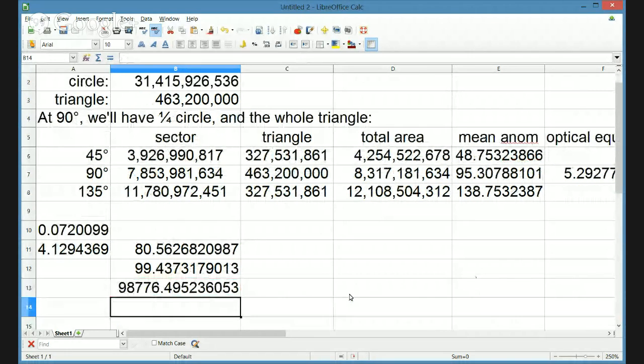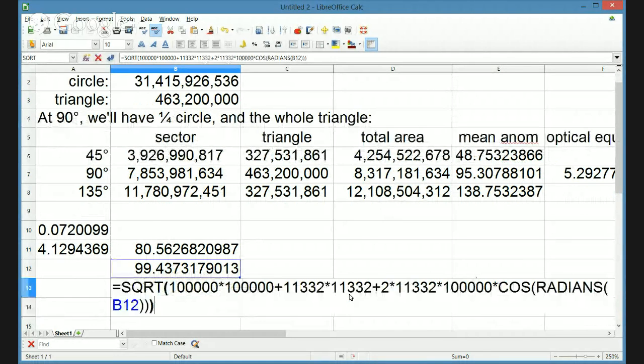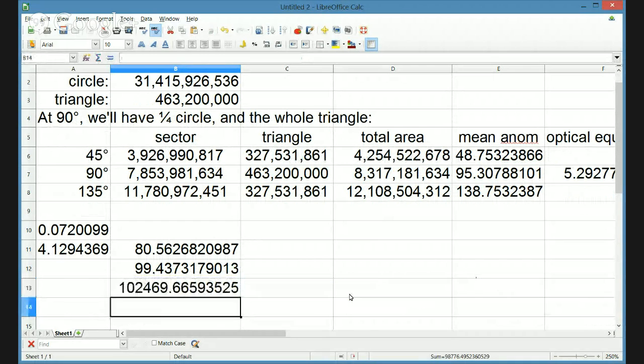We get 9877. Wow, that can't be right. Oh, minus, right. Okay, 102,469. Is that the long side there? 102,469.665 or whatever. Then we can use the law of sines to get the equated anomaly.